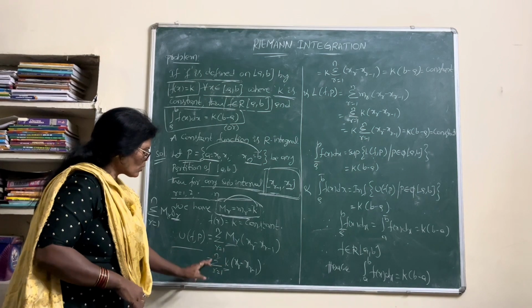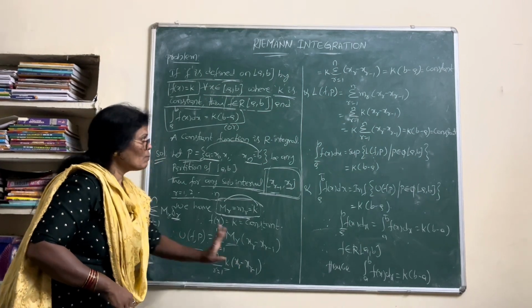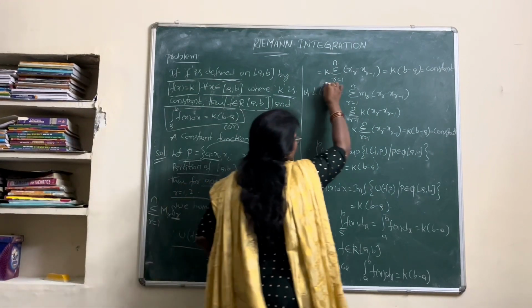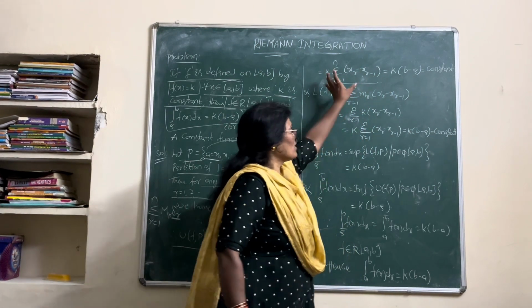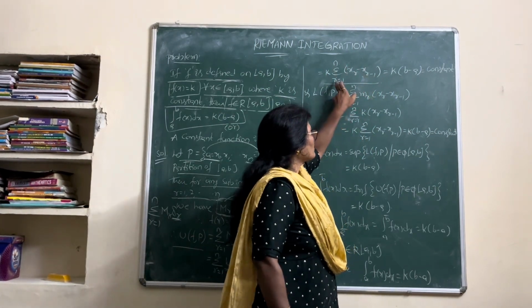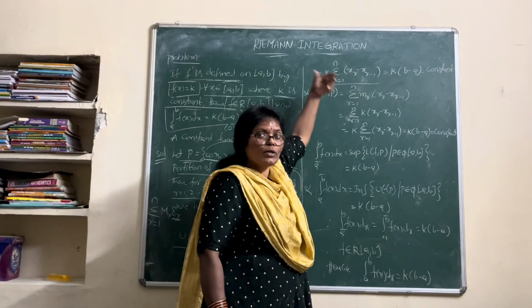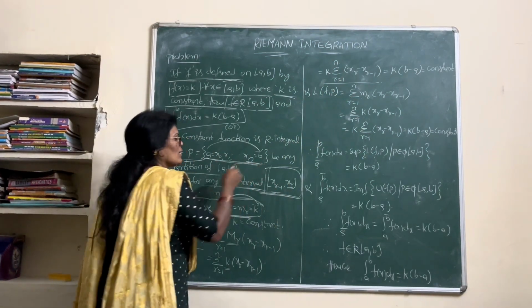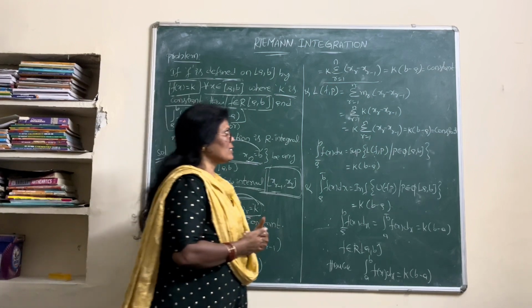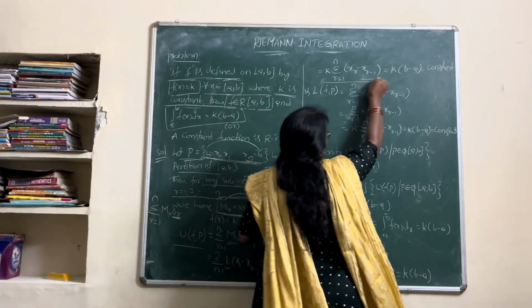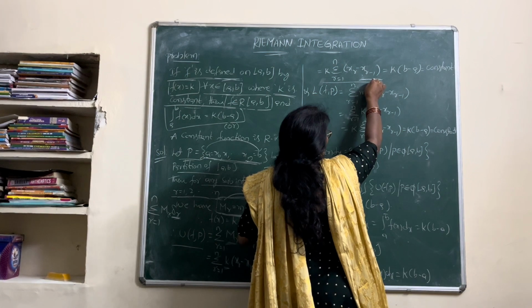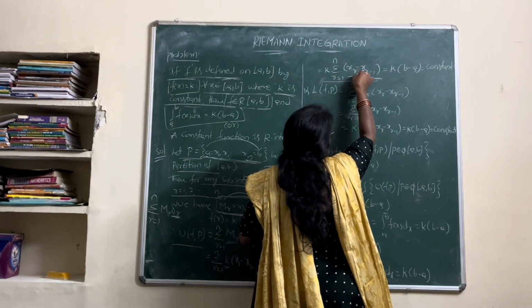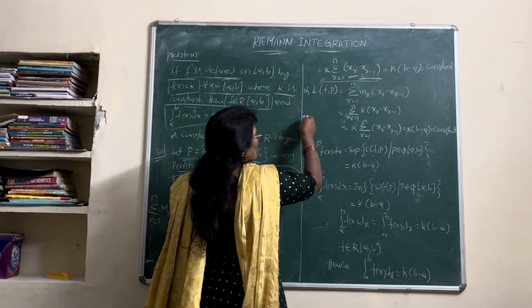So k into the summation of xr minus xr minus 1, because r values from 1 to n terms, which means in between a to b. So upper limit minus lower limit. Here xr is b and x0 is a. Substitute in this.